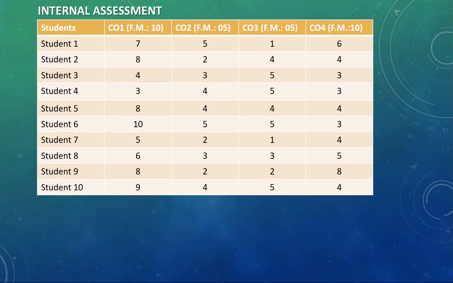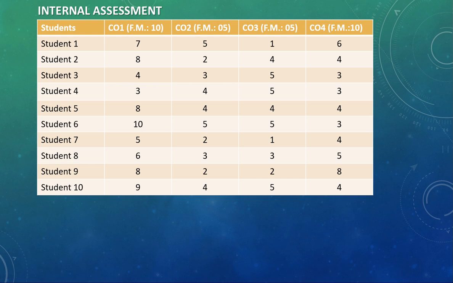Now this is the computation. For internal assessment, this is a particular chart. It shows the statement of marks of 10 students in a particular internal assessment of a course. In CO1, which has full marks 10, student 1 gets 7.